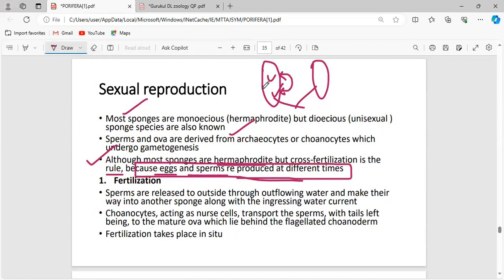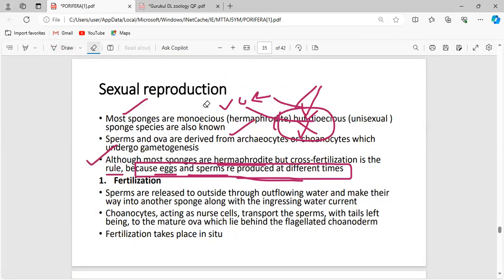The timing will be different. If the female gamete is ready to fertilize, the male gamete is not yet produced. So obviously this female will prefer another individual's male sex organs to fuse with. This is called cross fertilization. So you have to know, although most sponges are hermaphrodite, they prefer to cross fertilize because the time period of producing eggs and sperms is different.